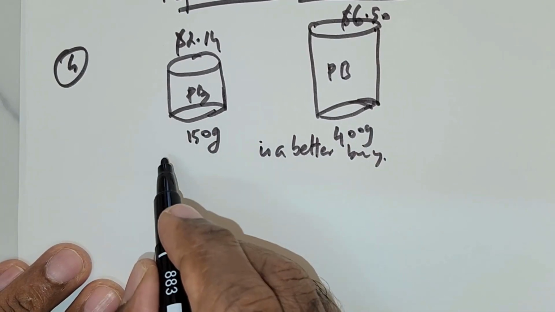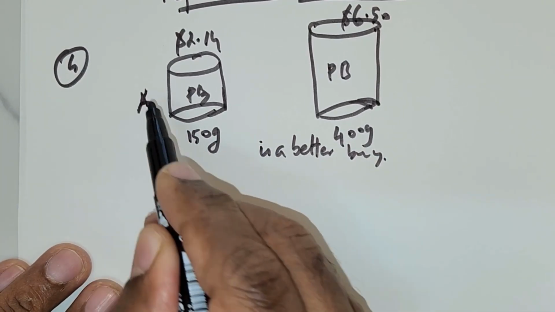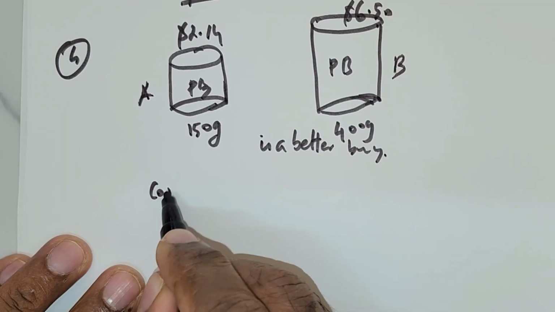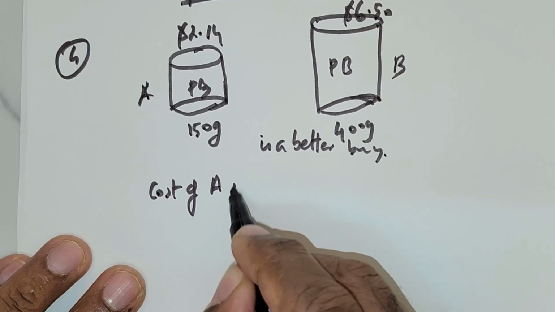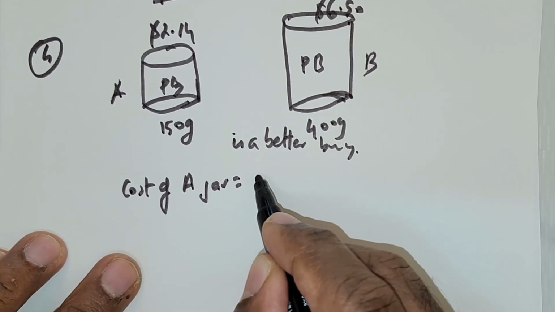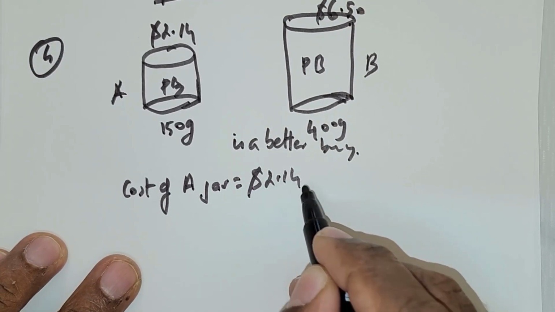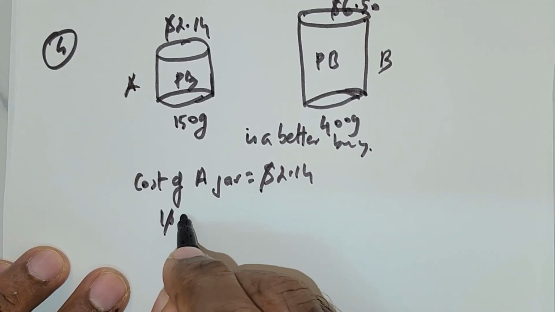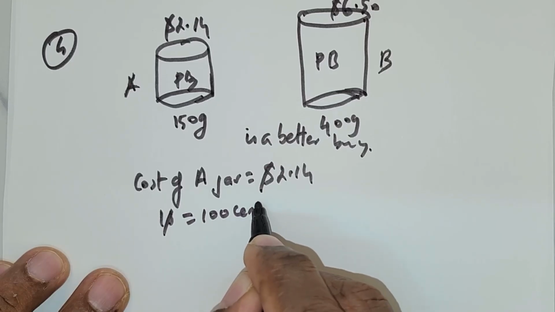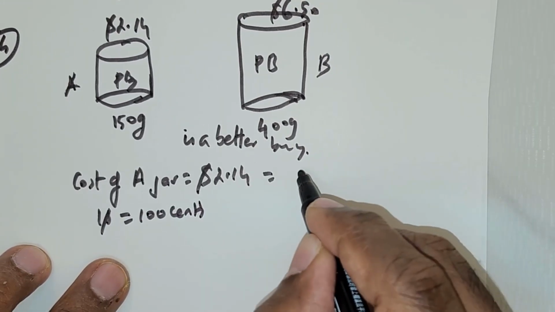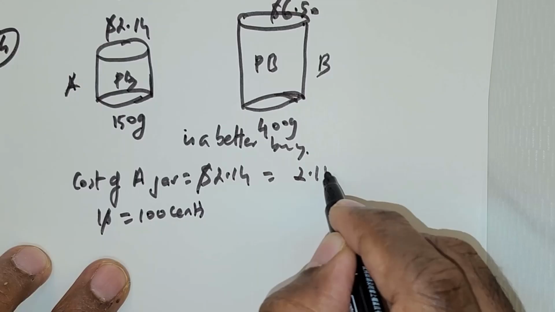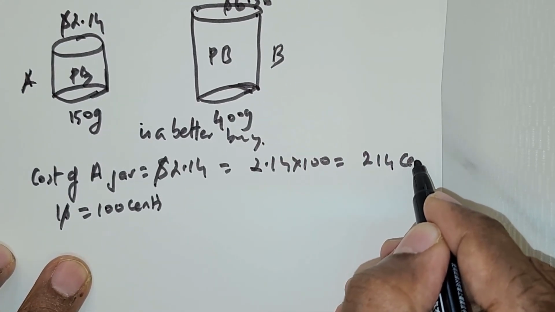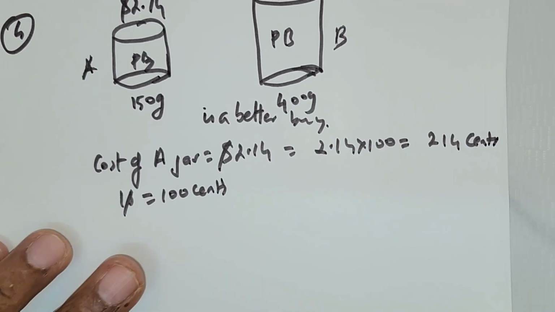So for the first one, it's already given A and B. The cost of jar A is $2.14. We know $1 is equal to 100 cents. So convert this into cents: 2.14 multiplied by 100 will give you 214 cents.